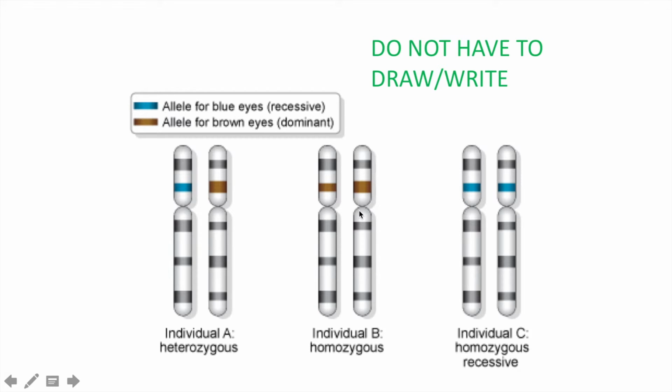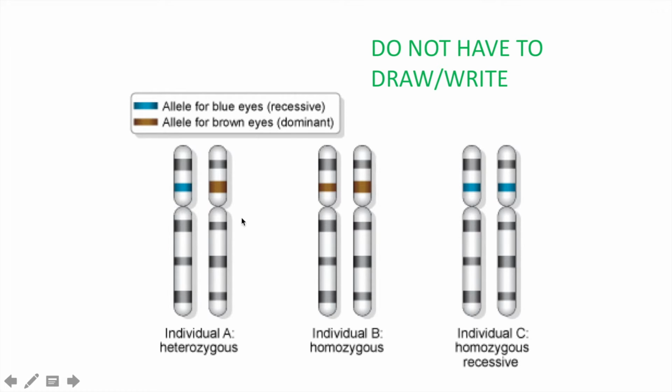Here's another example. We have 3 different chromosomes, and in the area that you see in color, which is a blue or a brown, and this is true for all 3 chromosome pairs, we have an allele for blue eyes, which is a recessive trait, and we also have an allele for brown eyes.